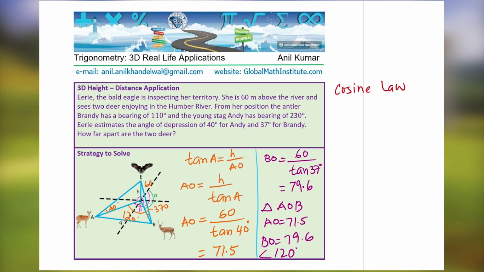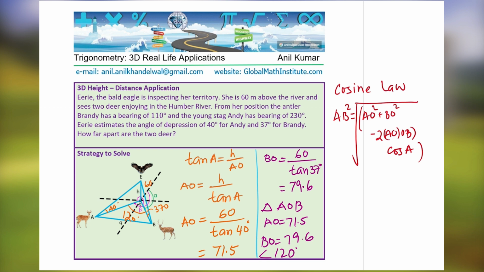And the cosine law, we can find AB square as equal to AO square plus BO square minus 2 AO BO cos of angle O, and everything within square root, correct? That is how we are going to calculate. So we can just substitute the value and calculate the result. Clear? That is how we are going to do it. So now we'll just substitute the value.